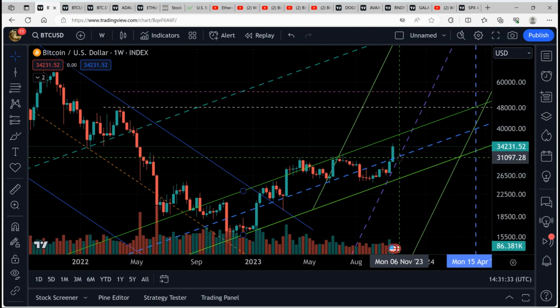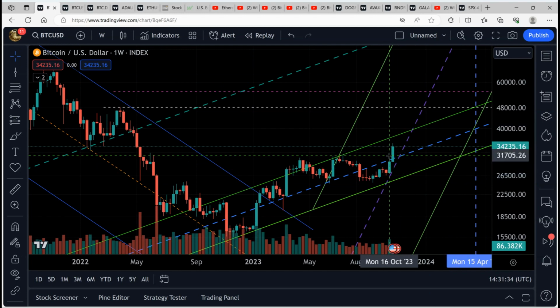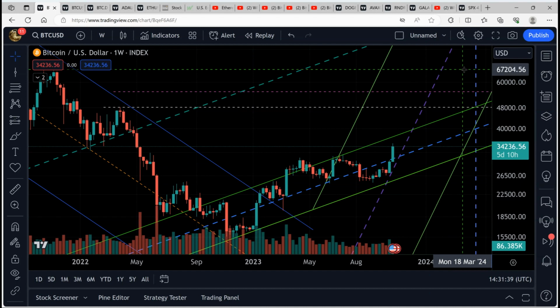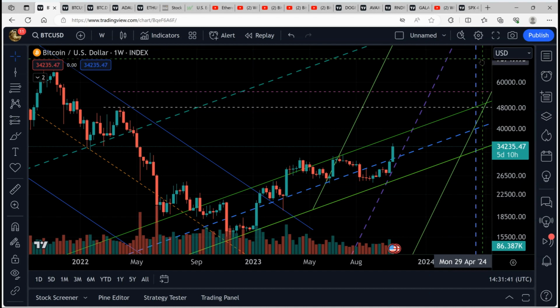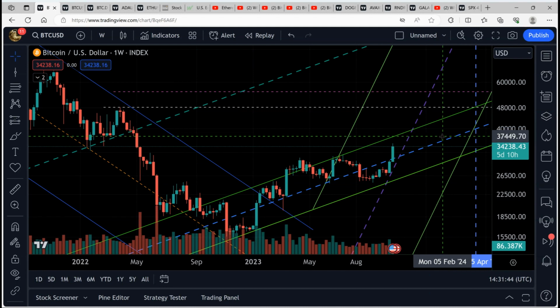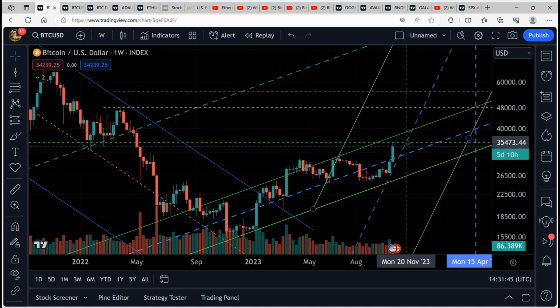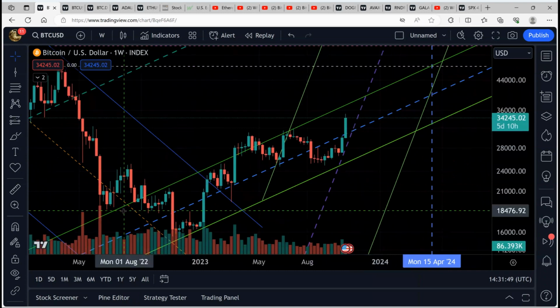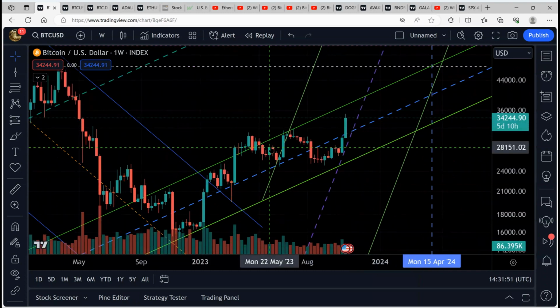So I guess it makes sense that they would accumulate here, especially if they know that Bitcoin's going way off of my chart currently. I can't even go that high. This is still a bargain.